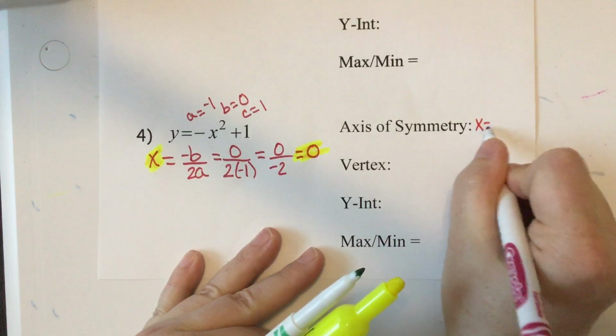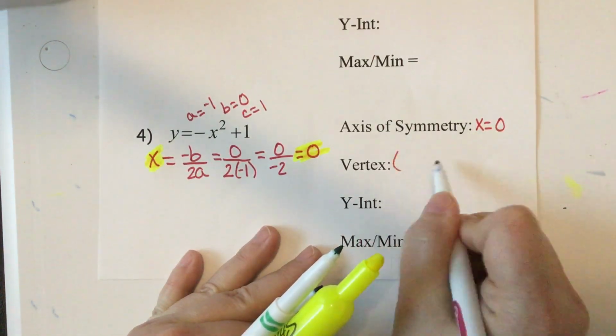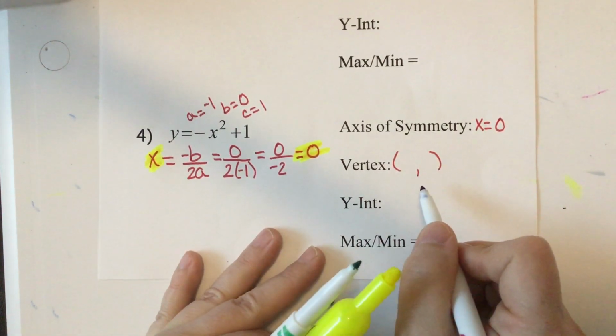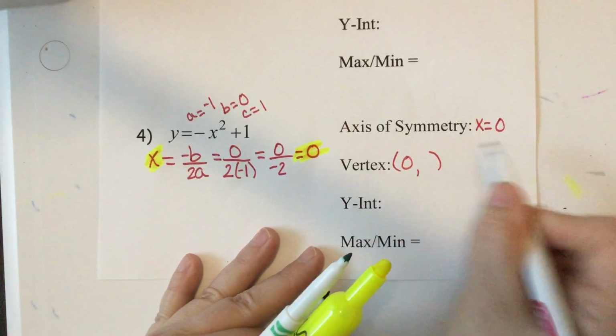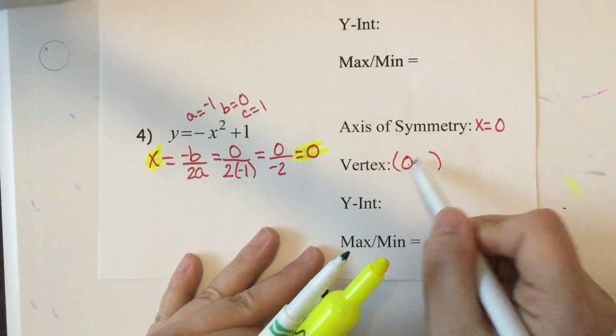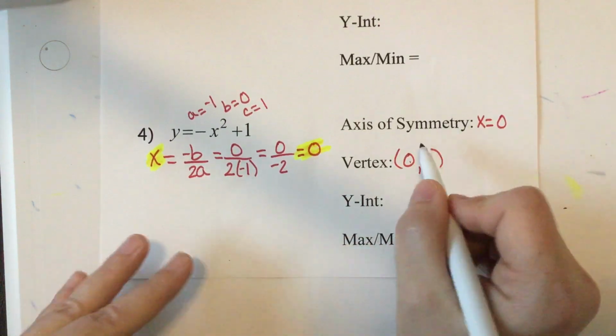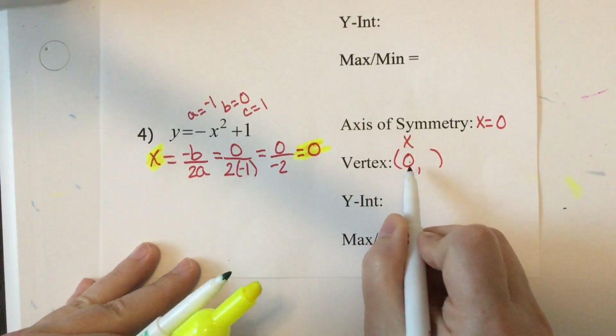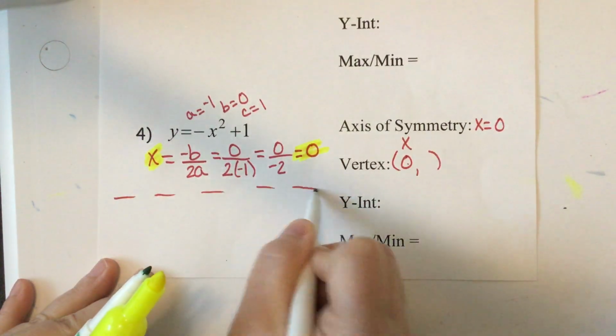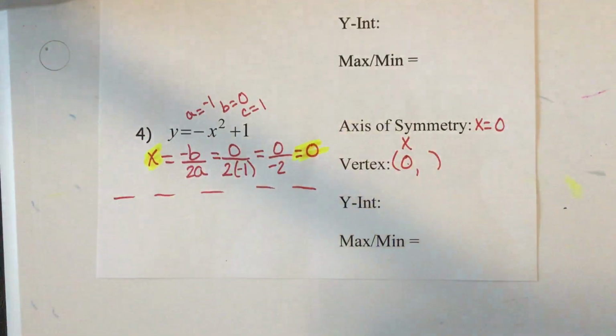X equals 0. So what do you know about the vertex? The x-coordinate is 0. Whatever you get for your axis of symmetry, that's the x to your vertex. Now, because he is Mr. X, you need to put him into the x.